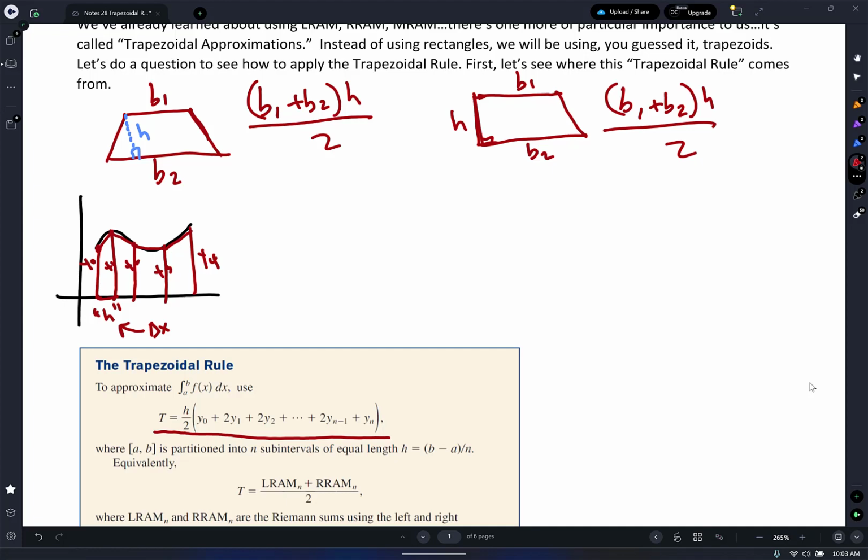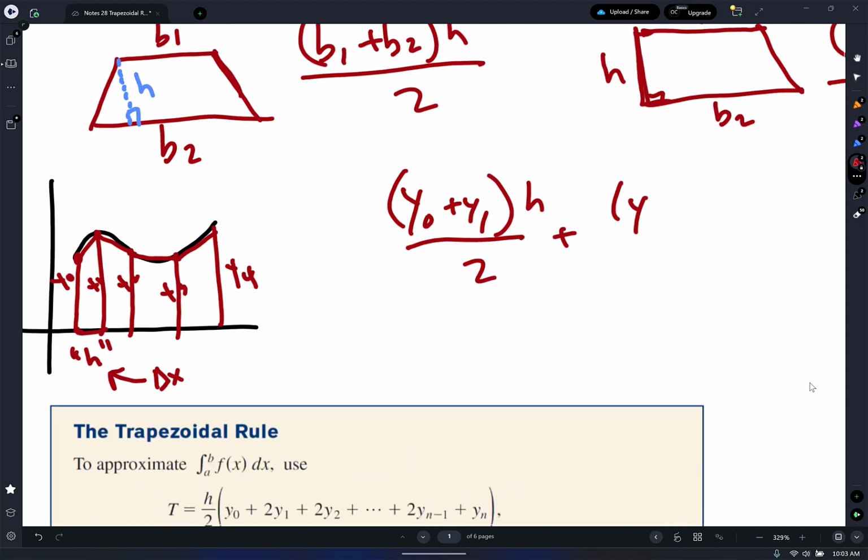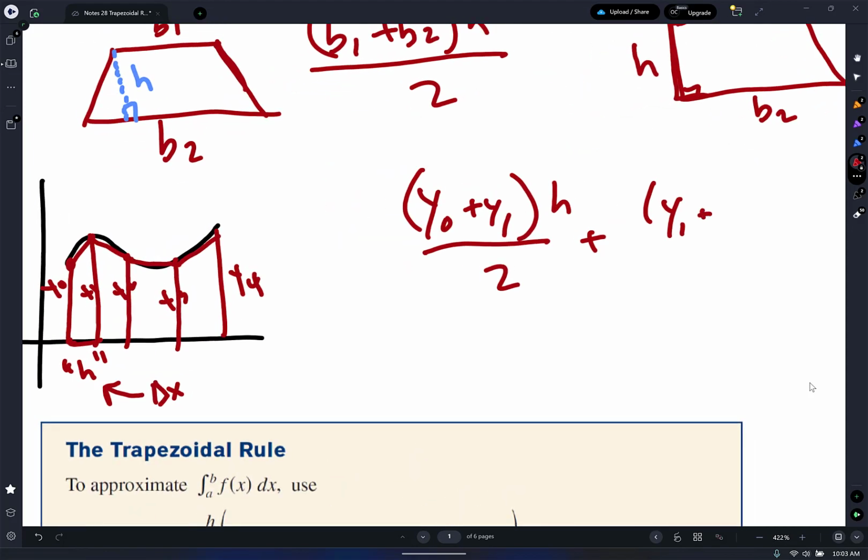There are 4 trapezoids. I would say y0 plus y1, that's base 1 plus base 2, times height divided by 2, plus my second trapezoid, y1 plus y2 times height divided by 2.